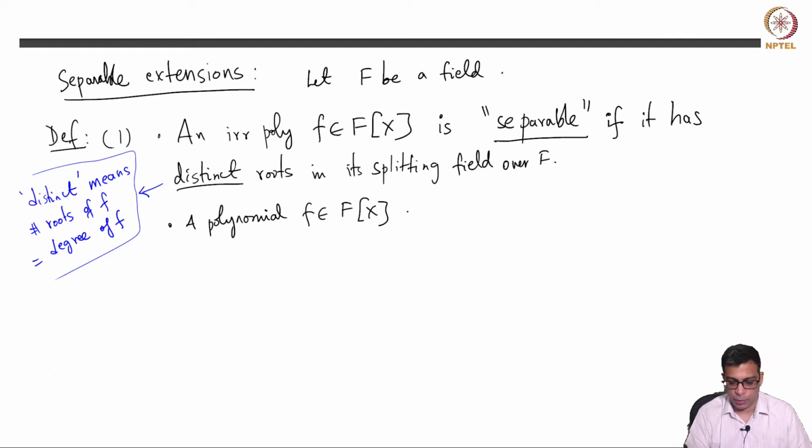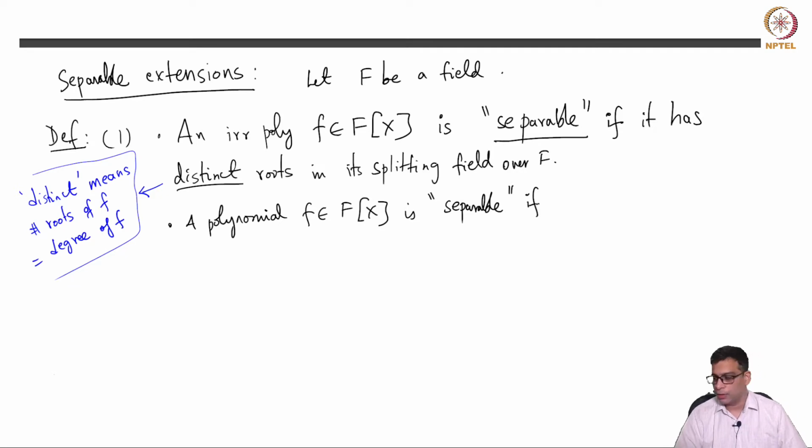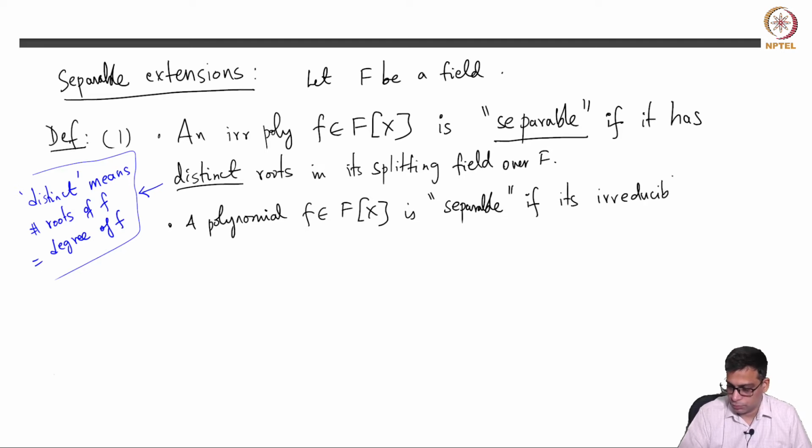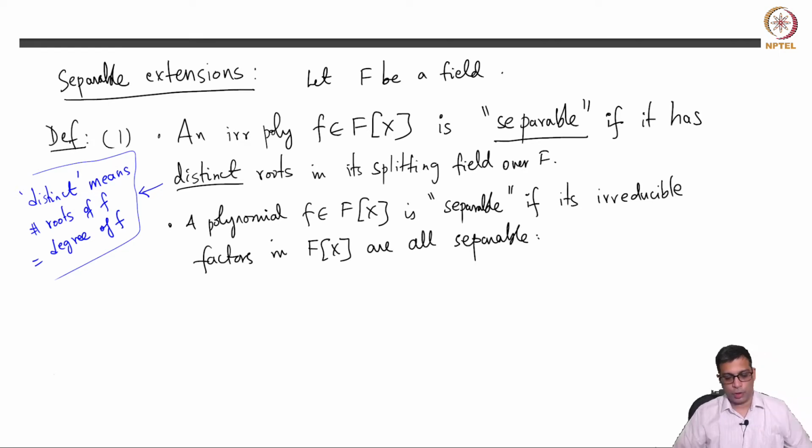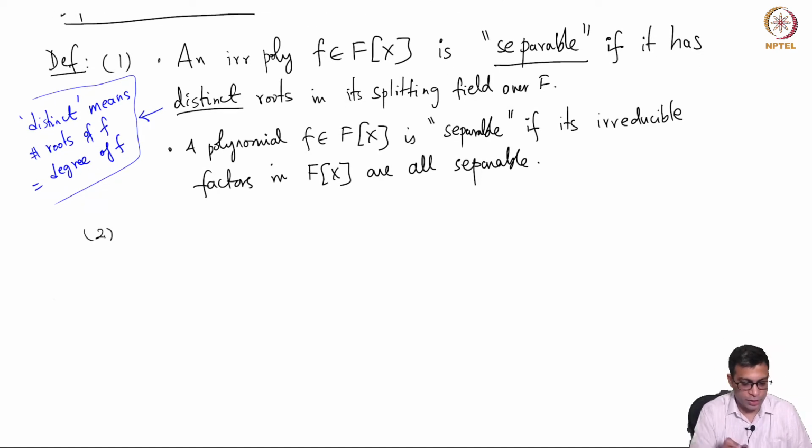Now I am just taking any polynomial is separable if I don't want to say it has distinct roots, because it may have multiple roots, but I want its irreducible factors to be so the polynomial may not be irreducible, but it will factor into irreducible polynomials in F[x] all separable. Okay, so the polynomial itself may not have distinct roots, but we want its irreducible factors to be separable. I will give you an example to illustrate this.